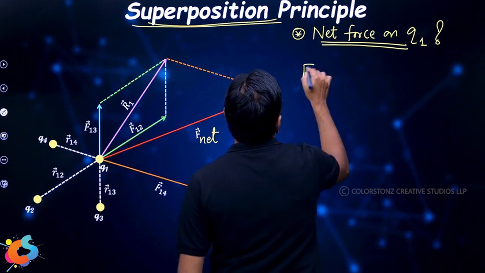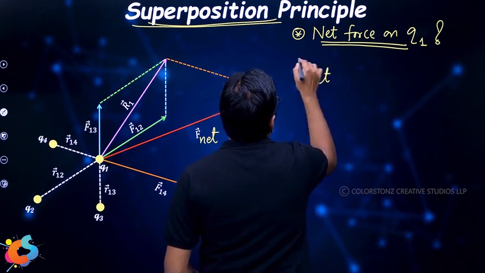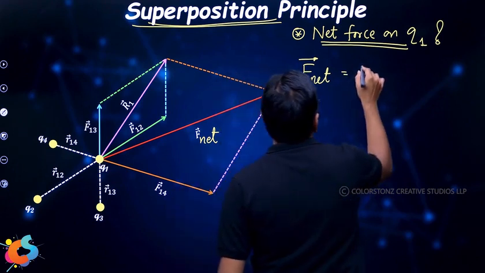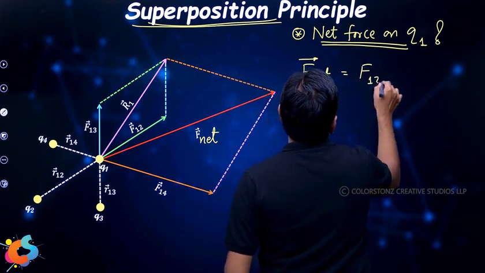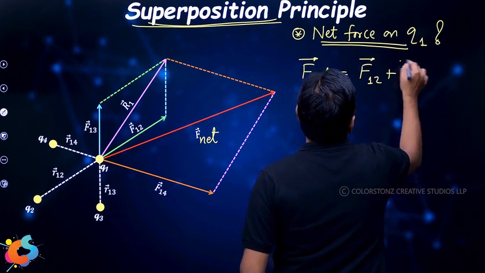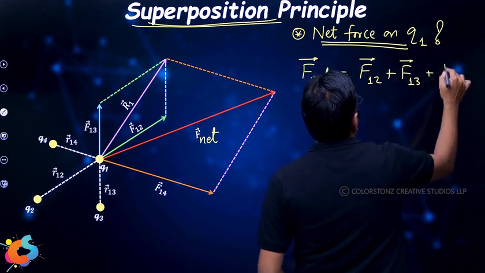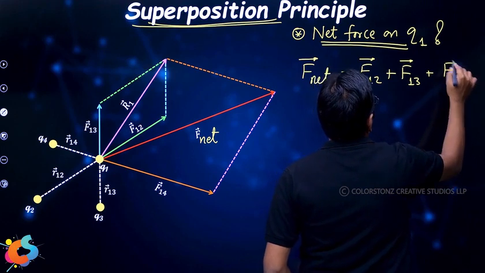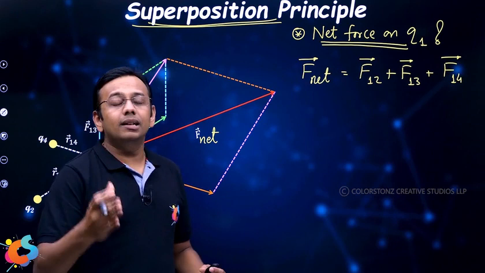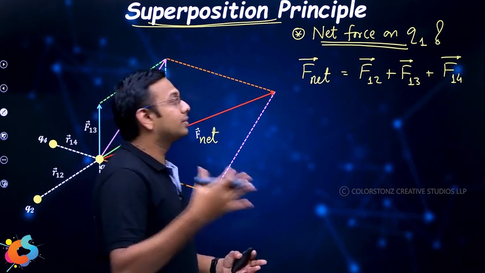Mathematically, if I want to write this, I will say F net on Q1 is equal to F12 plus F13 plus F14. Individual interactions will still be written by using Coulomb's law.